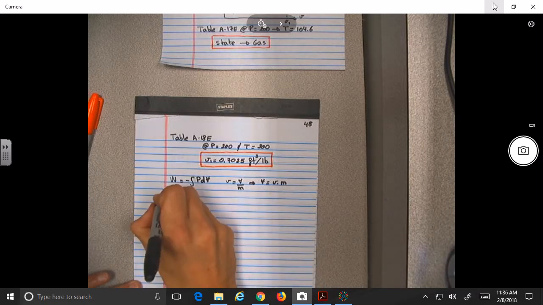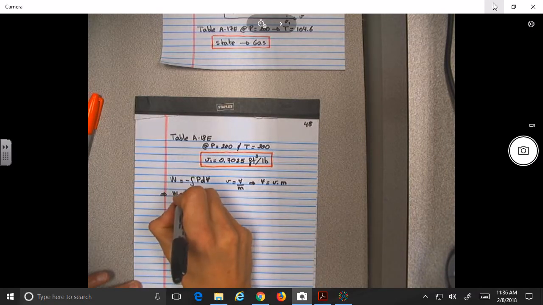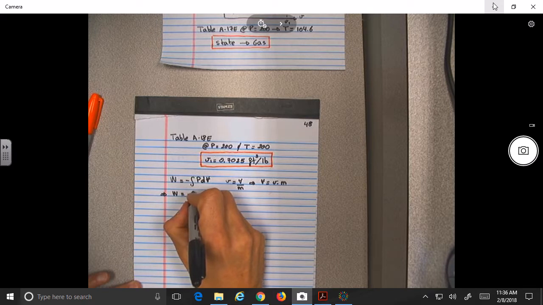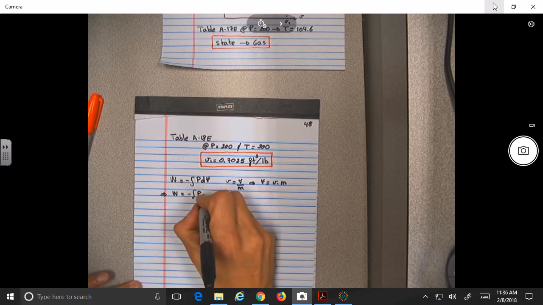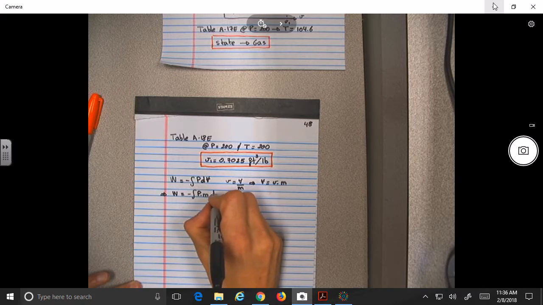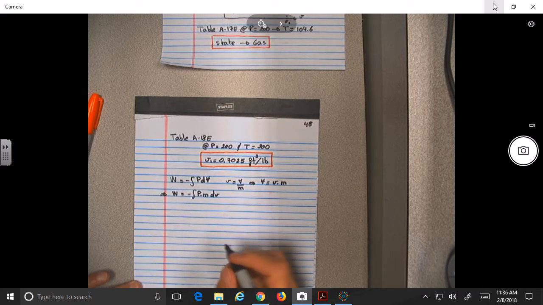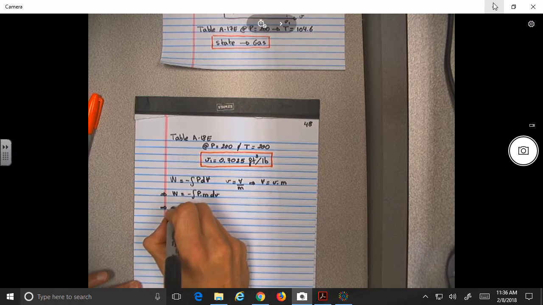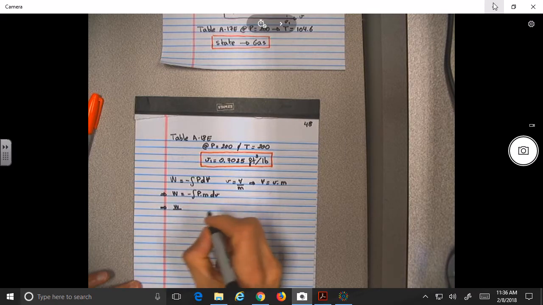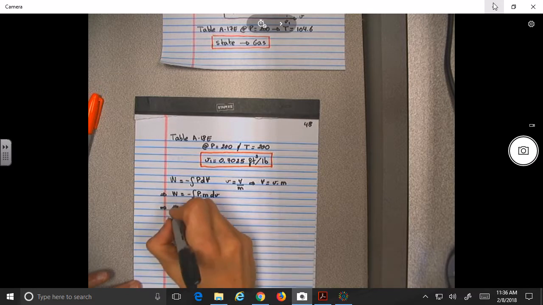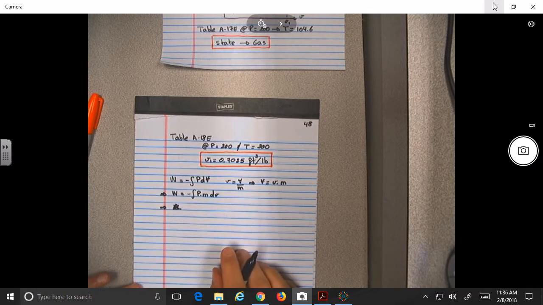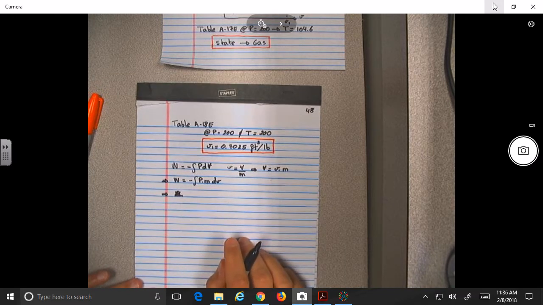So if I come to this one, you get work equal to minus P, M is constant, so I could put it PM dV, no? Or I could just write, oh, it doesn't matter because we have the mass over here. So we could do it that way. It's fine. So we are good. I was trying to do everything per unit mass, but it's fine.